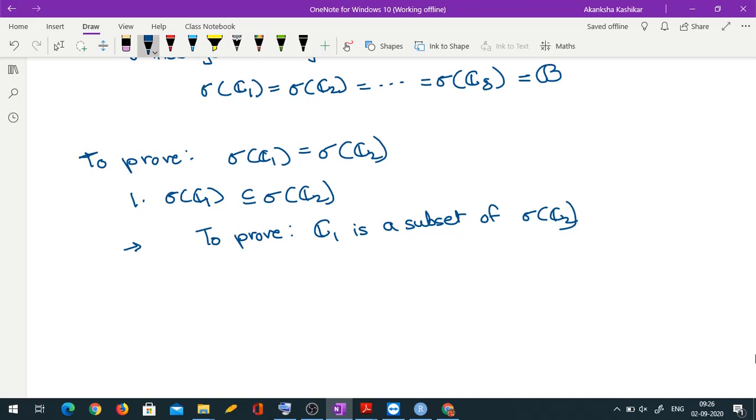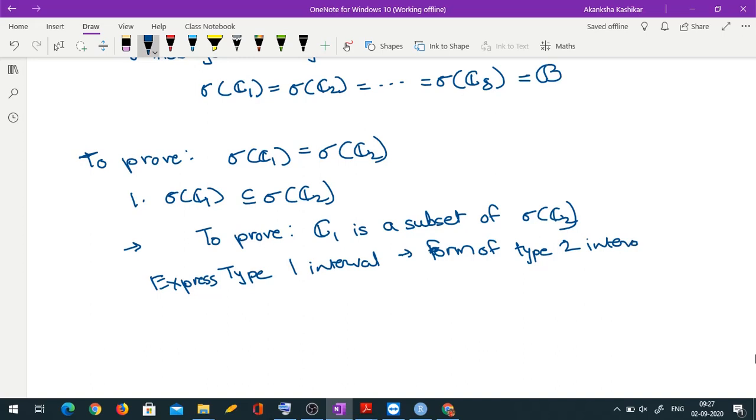If I want to prove C1 is subset of sigma C2, what does it mean? It means that I should be able to express type 1 interval in the form of type 2 intervals, means their complements, unions, intersection, etc.